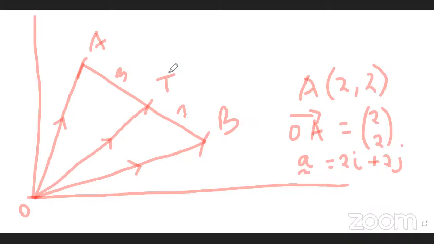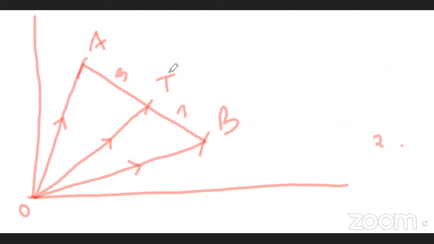Now, when we want to talk about the ratio theorem, we noted that when we were looking for the midpoint, we took 1 out of 2 of A, then 1 out of 2 of B. It was so because the ratio here was 1:1.